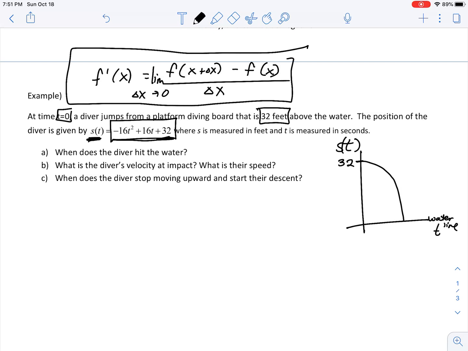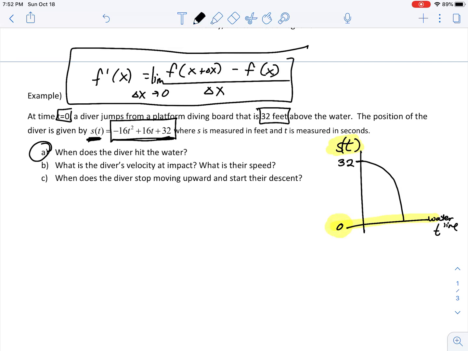Often that's going to be the ground at height 0 or position 0. We want to know for part A, when does the diver hit the water? So what height is the diver going to be when they hit the water? They're going to be here, and S of t is going to be 0.